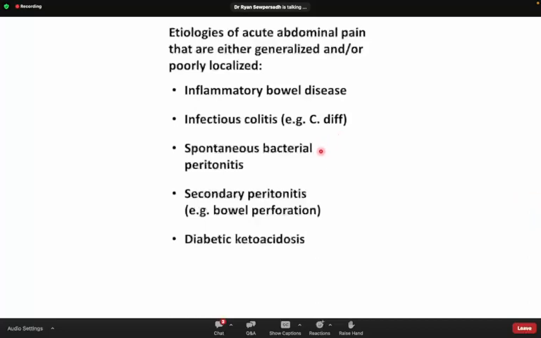Spontaneous bacterial peritonitis, often occurring in patients who have cirrhosis. Okay. Secondary bacterial peritonitis, typically occurring from bowel perforation. And everybody's favorite, hyperglycemia with acidosis and ketonuria equals diabetic ketoacidosis, which is one of the causes of a high anion gap metabolic acidosis, right? We've discussed this in times past.